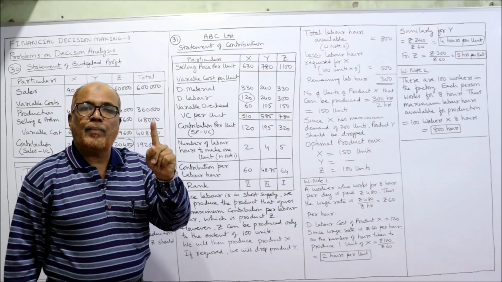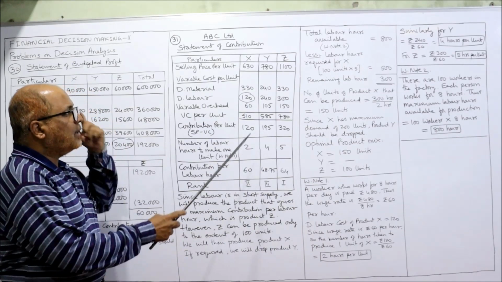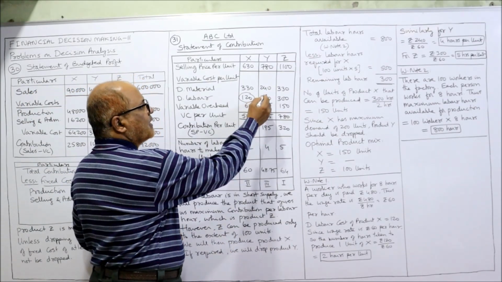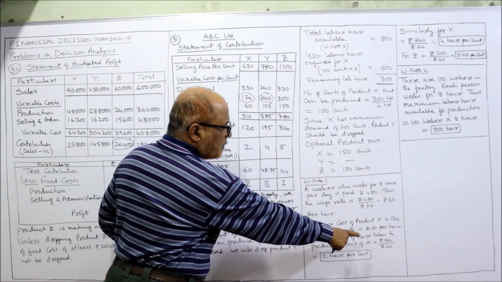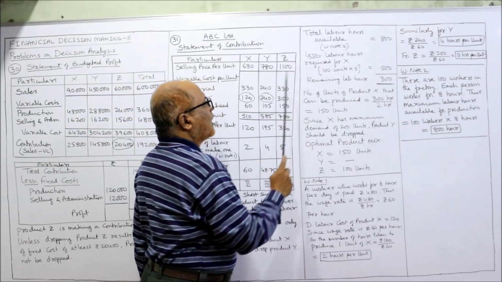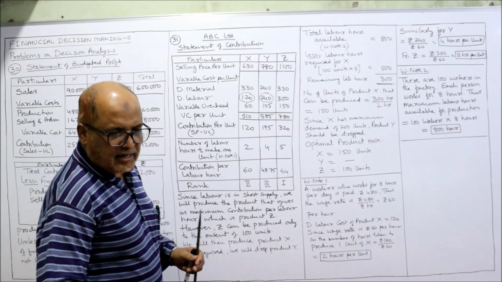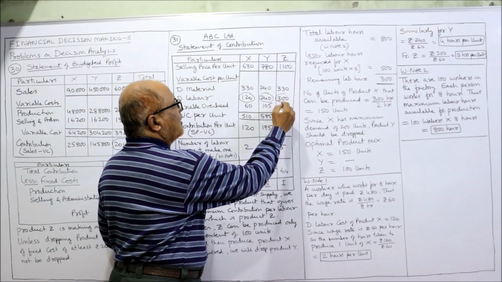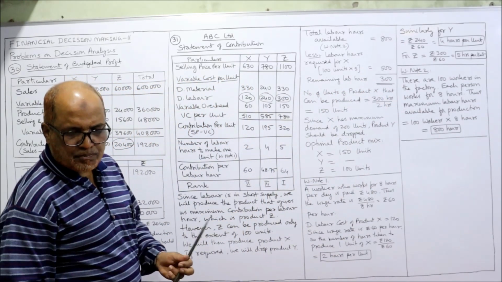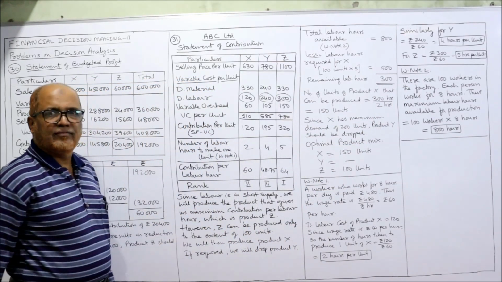So here I have taken 2 hours for X. Similarly for Y product, the labor cost is 240. 240 divided by 60, just like 120 divided by 60 there, we have taken 4 hours here. Last one, Z. For Z product the labor cost is 300. 300 divided by 60, we will get 5 hours per unit. So this we got, 2, 4, 5, right?